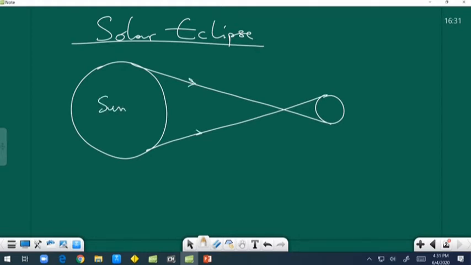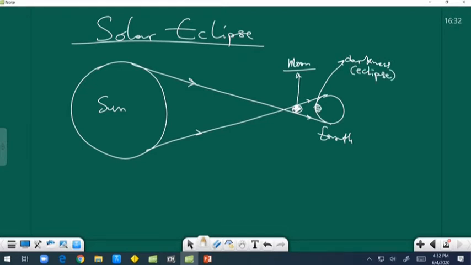Then the moon is located at this point. Let's say this moon is blocking the path. That's the moon. The moon within the region of the Earth's atmosphere blocks the path of light coming from the sun. So as a result of that, this portion of the Earth will be experiencing darkness, or what we call eclipse.